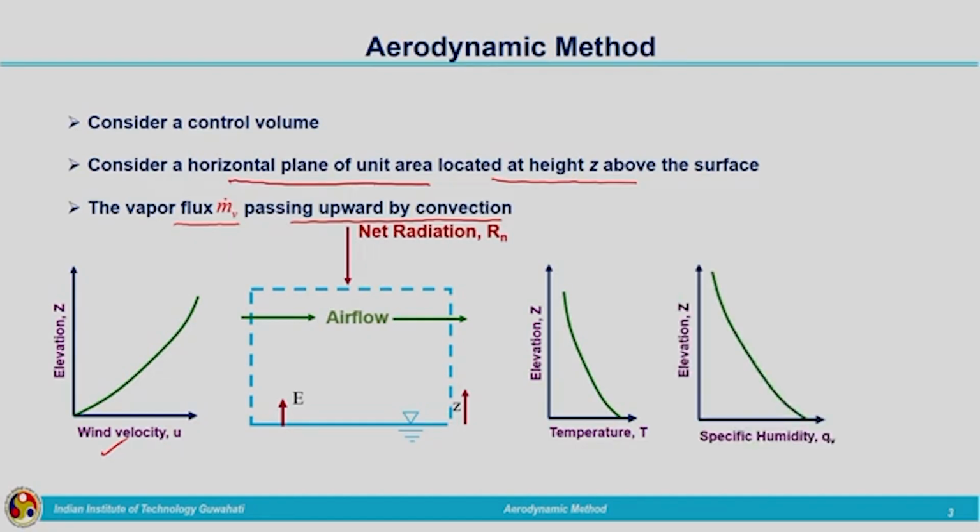And then coming to specific humidity, as the elevation is increasing, specific humidity is also decreasing, because we know altitude is high means it is far away from the water body and the moisture which is present in the atmosphere will be less compared to the location which is near to the water surface. So, as the altitude is increasing, the specific humidity will be decreasing.